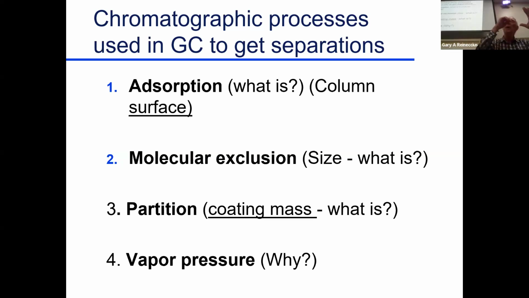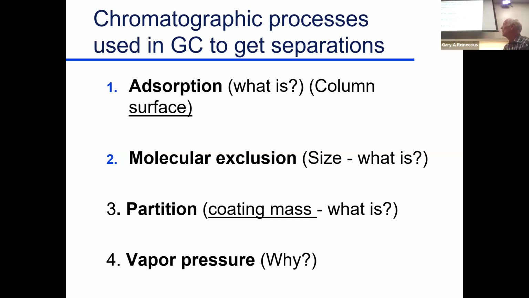And so if the analytes are fairly small, they can maybe enter this particle inside this column and wander around, eventually come out, go into another one, and so on. Another one says, there's nothing here. I'm too big. I can't get in. It goes through. And so you're separating molecules based on molecular size. So we base it on solubility, polarity, volatility, and yes, the idea of size separations.